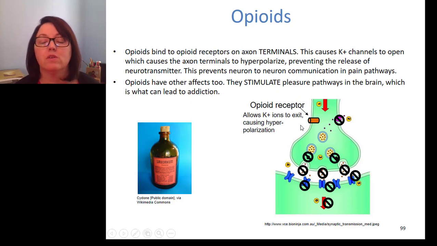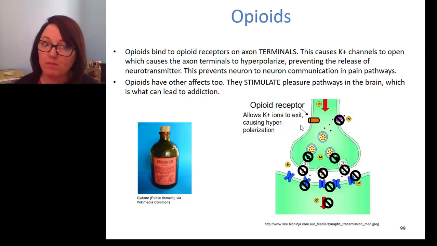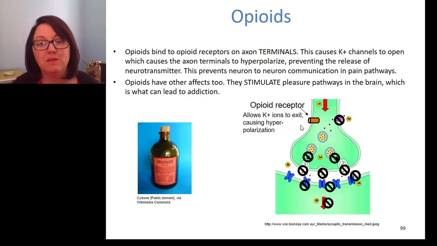These are receptors that cause potassium channels to open. So when the opioids bind to that receptor, potassium channels open, and then this allows potassium ions to leave the axon terminal, and that causes the axon terminal to hyperpolarize. Now, the hyperpolarization of the axon terminal prevents depolarization of the axon terminal, right?